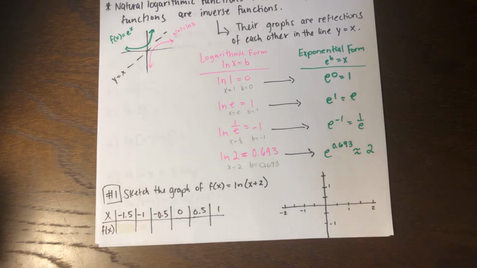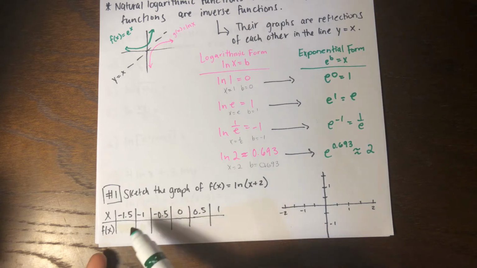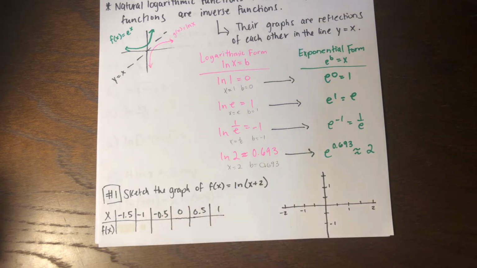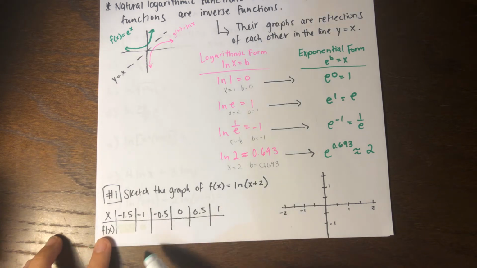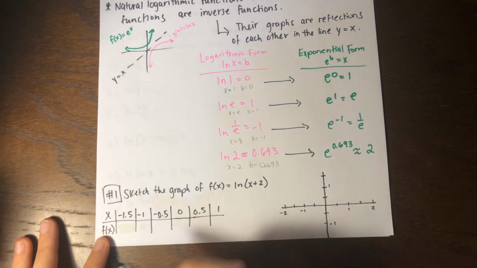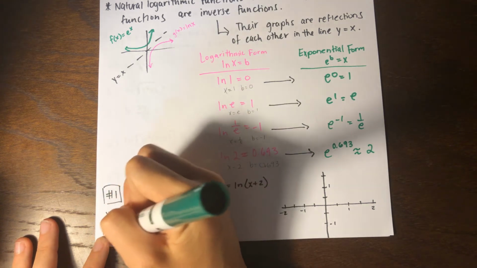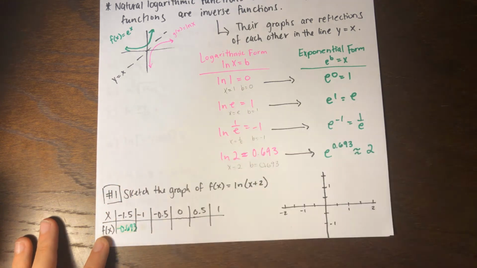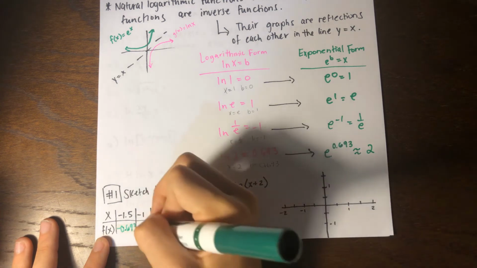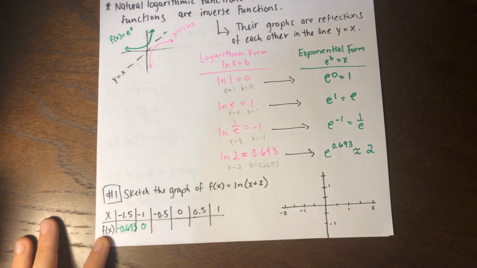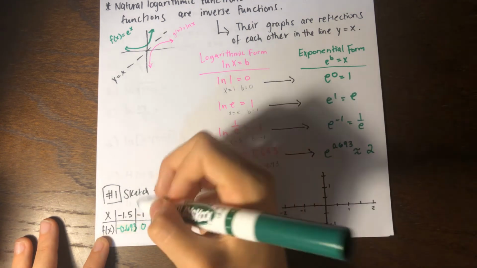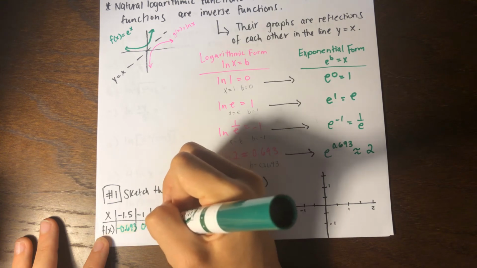Okay, so let's go ahead and sketch the graph of the natural log of x plus 2. You're given these values. All you have to do is plug them in, get some values, and then sketch the graph. For negative 1.5, I get negative 0.693. At negative 1, I get 0. At negative half, I get 0.405.